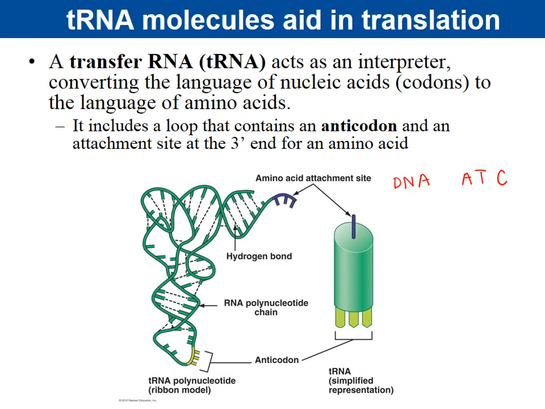This is just some made up DNA sequence, and let's say this DNA is my template strand. If this is my template strand, that means my mRNA is going to be complementary. So A is going to pair with U, T is going to pair with A, and C is going to pair with G. This is my mRNA, and that mRNA is going to be your codon.